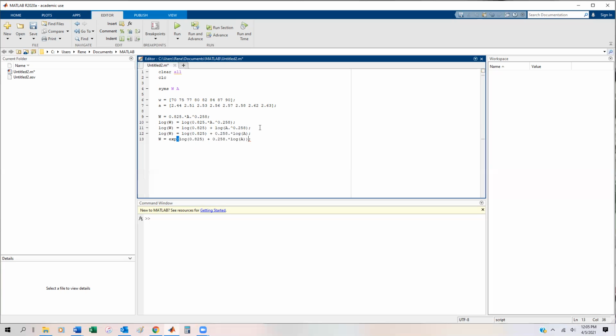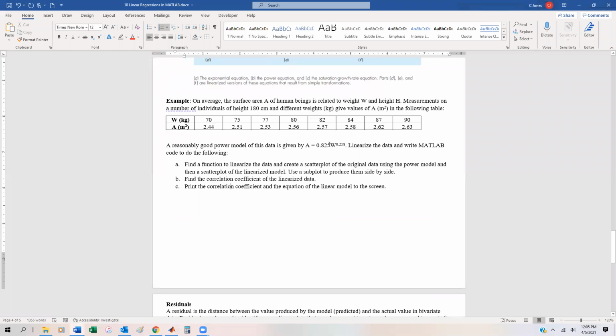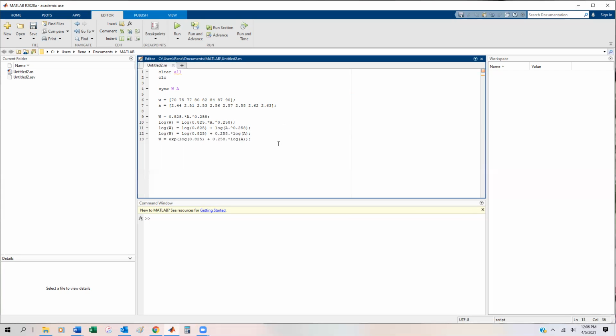Now if you wanted to, what you could really do is just go back here, and we know that alpha is 0.825 and beta is 0.258, and we could just plug it in right here. But I just went through and did the algebra because I'm a math dork and it's what I like to do.